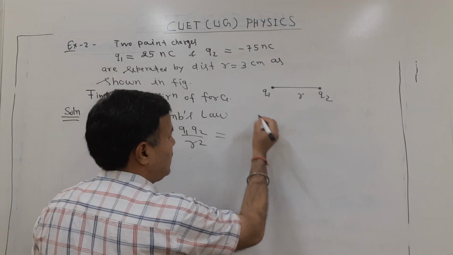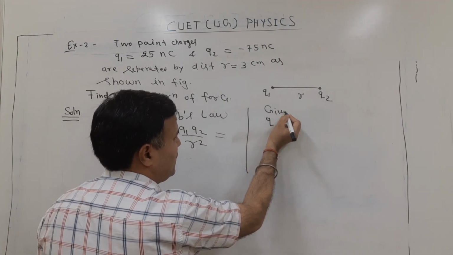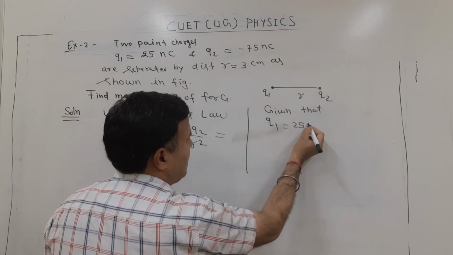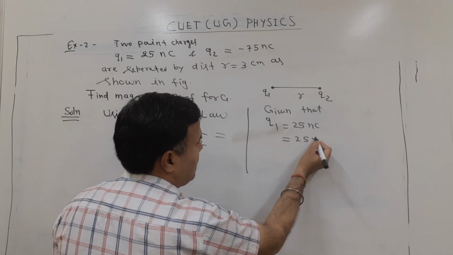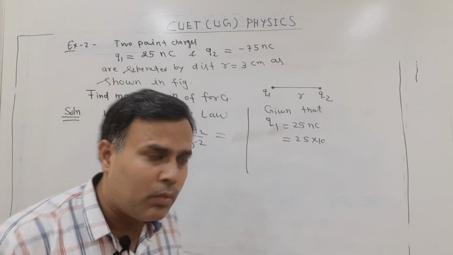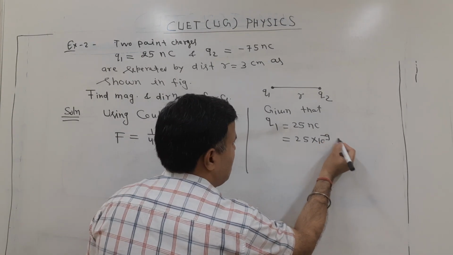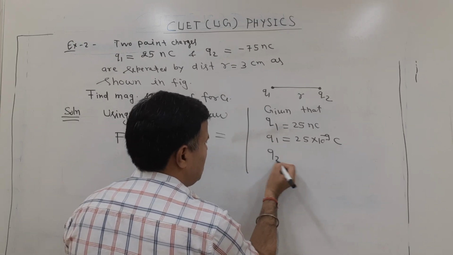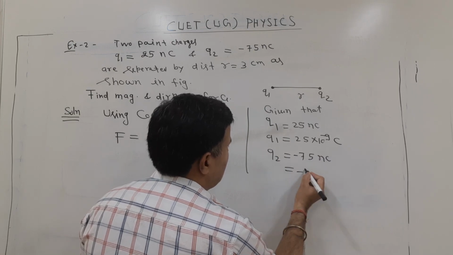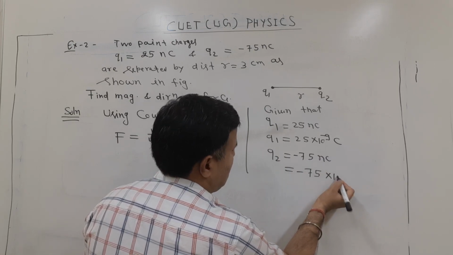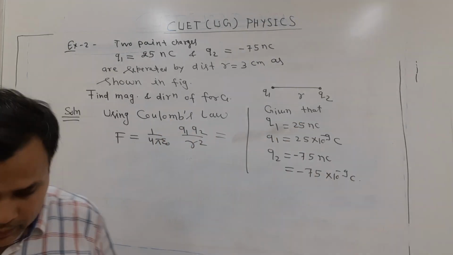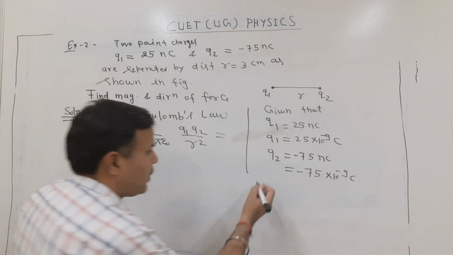From this example, q1 is 25 nanocoulomb, which is 25 into 10 to the power minus 9 coulomb, since 1 nanocoulomb is equal to 10 to the power minus 9 coulomb. And similarly q2 is minus 75 nanocoulomb, which is minus 75 into 10 to the power minus 9 coulomb. Here n means nano. And what is r?